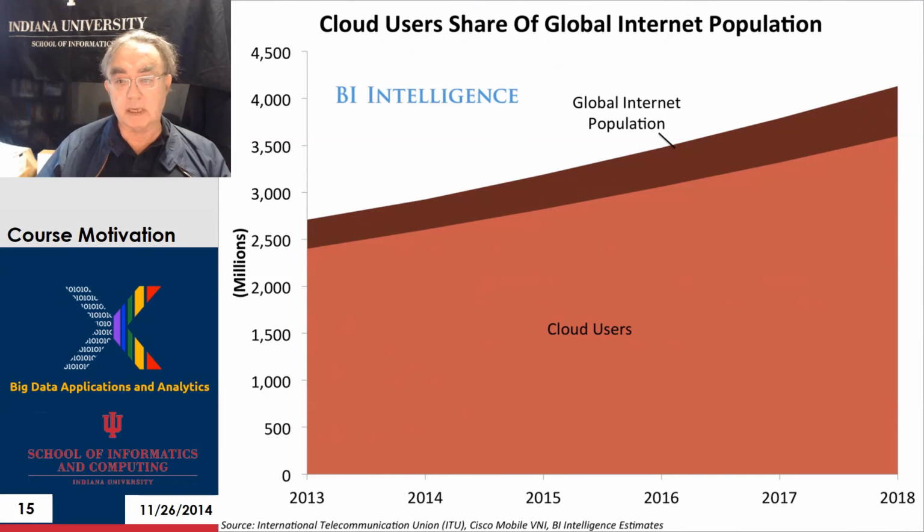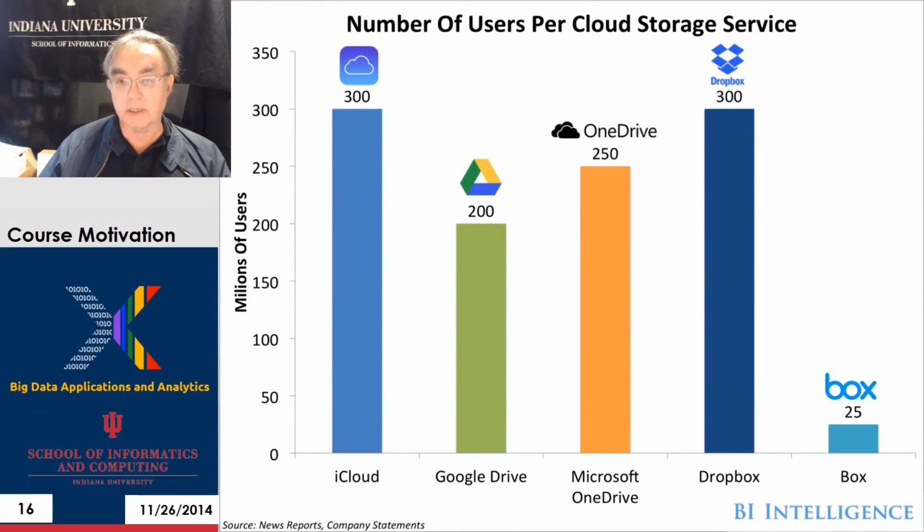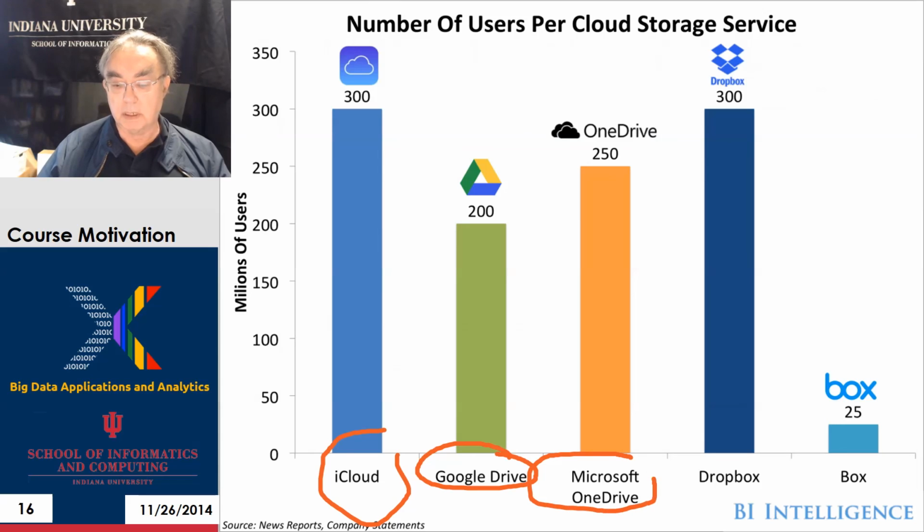These last two slides are not so important, in my opinion. This tells you that most of the internet users are actually also cloud users, and that's from 2013 to 2018. And the final slide shows the number of users per cloud storage service and showing that here's the Apple Google Drive, which is, I must admit, the one I use most.